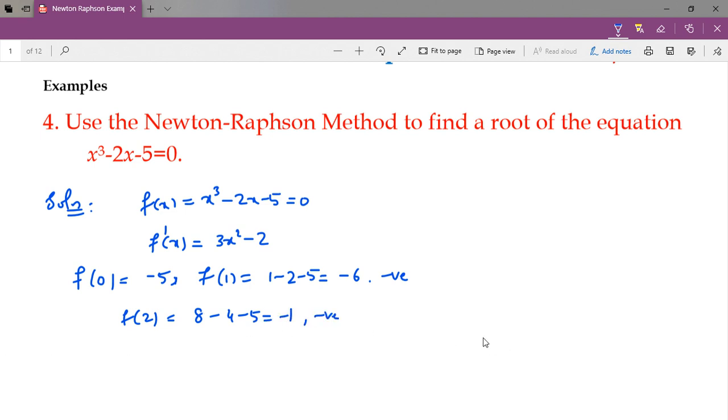Now let us check for f of 3. f of 3 is 3 cube, 27 minus 6 minus 5. This is positive.